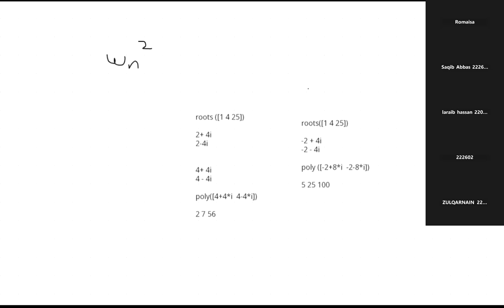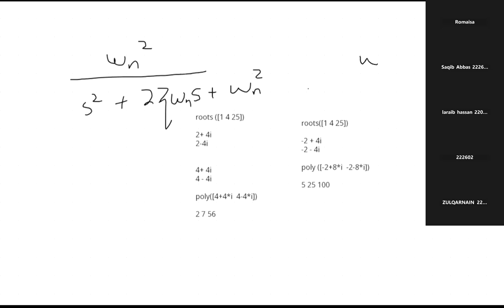We have this transfer function over here: omega n square divided by s square plus 2 zeta omega n s plus omega n square. So here we have two factors. One is omega n and the other one is zeta.